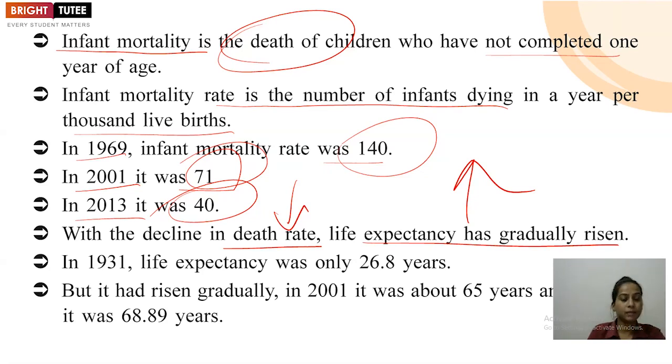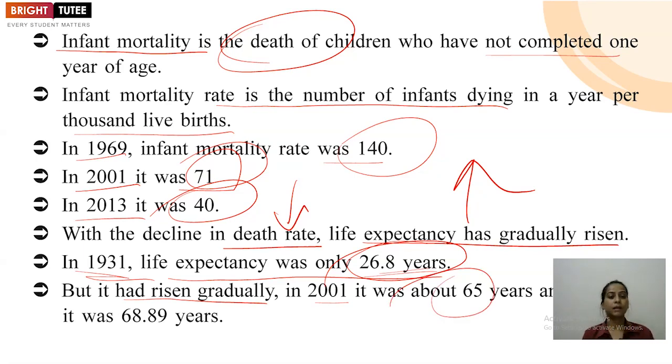In 1931, life expectancy was only 26.8 years. That is, the average age of a person who was able to survive was only 26.8. But it rose gradually to 65 years and above in 2001, and later in 2011, it increased to 68.89 years.